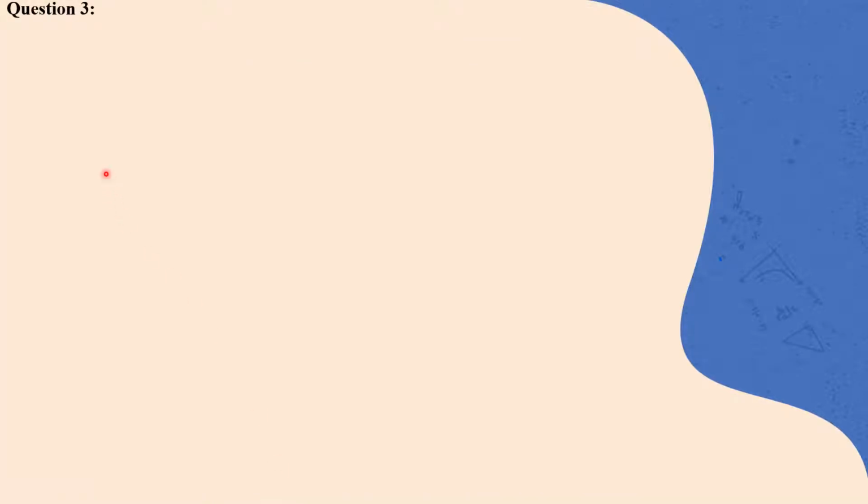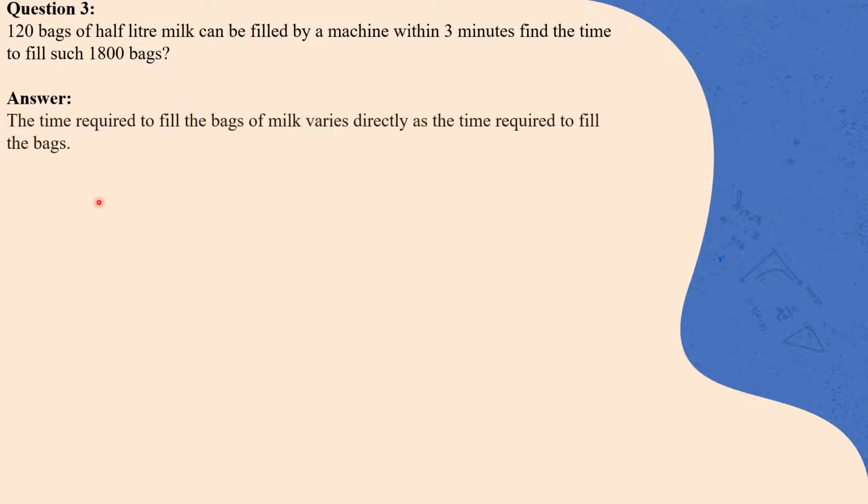Question number 3. 120 bags of half-liter milk can be filled by a machine within 3 minutes. Find the time to fill such 1800 bags. The time required to fill the bags of milk varies directly as the number of bags.